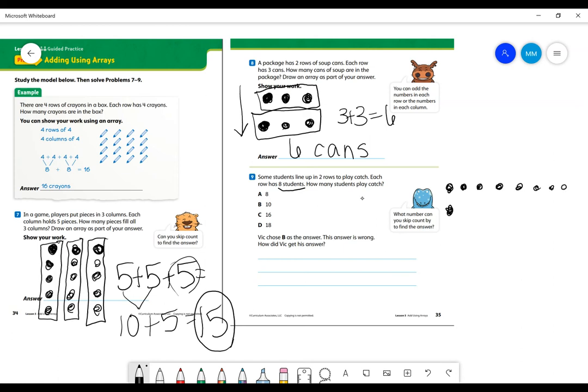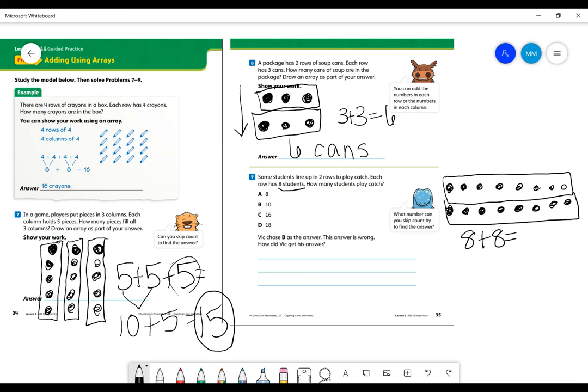And how many on the bottom row? 8, because I have to have the same number in each row. So I have 2 rows. Each have 8. So what would be my addition fact for that? I have 8 on top and 8 on bottom. So 8 plus 8 is a doubles fact that makes 16. So we would circle C.